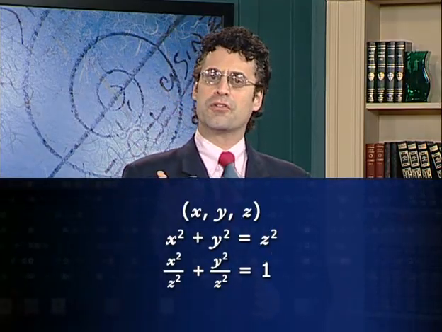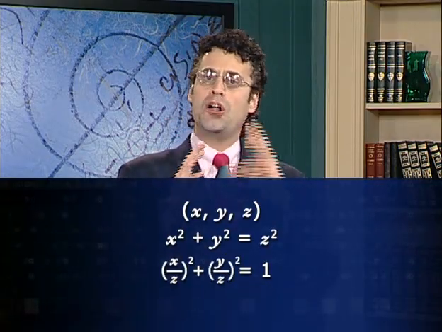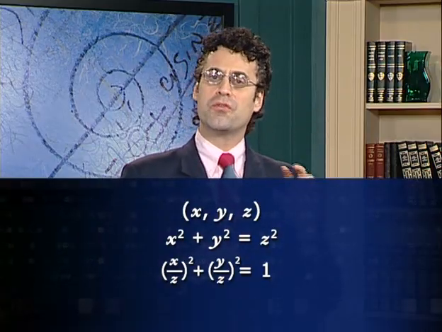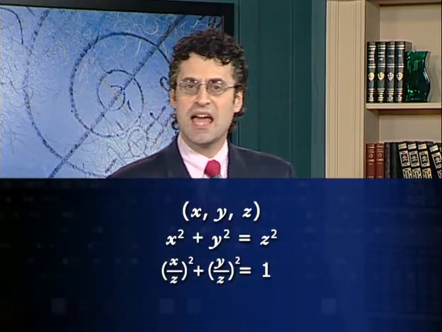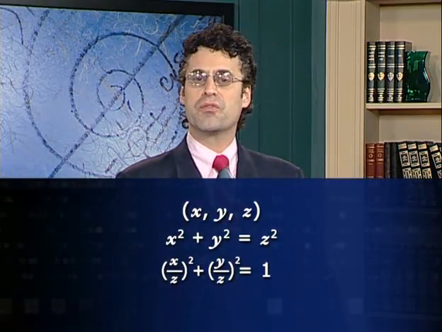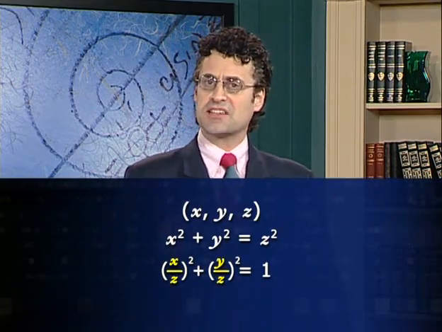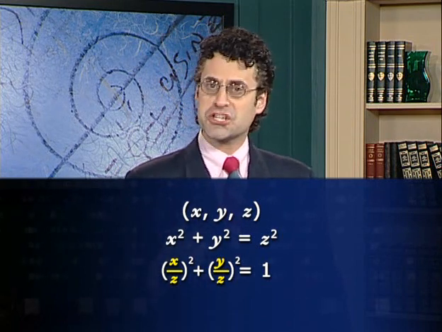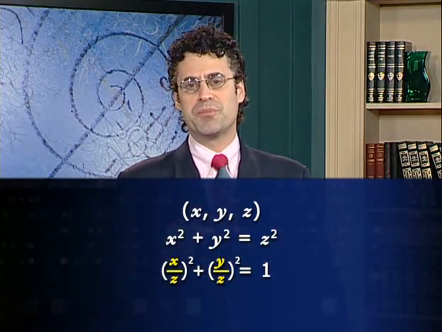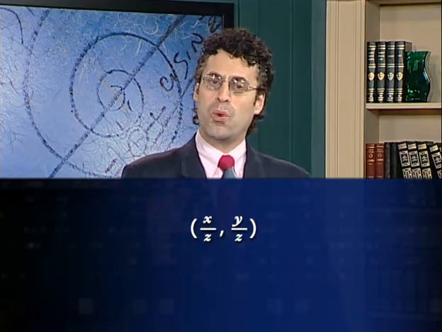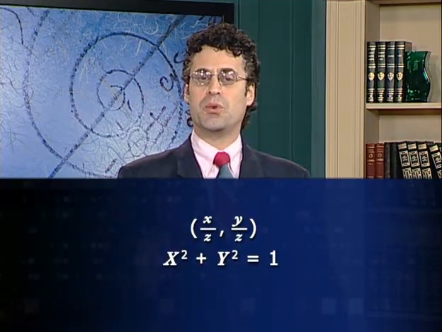Now, x squared over z squared can be rewritten as (x over z) squared plus (y over z) squared equals 1. We also notice that x over z and y over z are rational numbers. They're fractions. So we find that the pair of rational numbers x over z and y over z is a solution to the equation X squared plus Y squared equals 1.